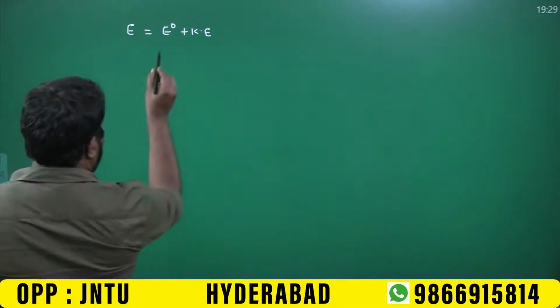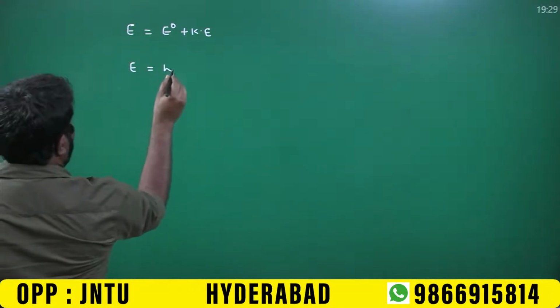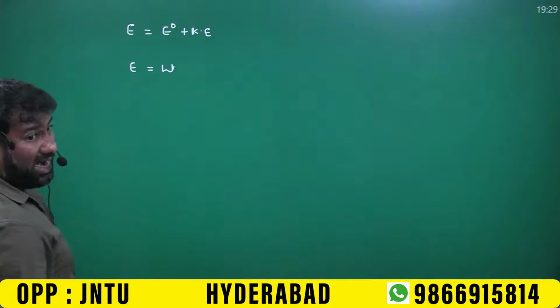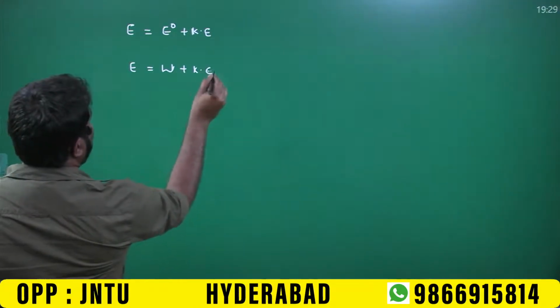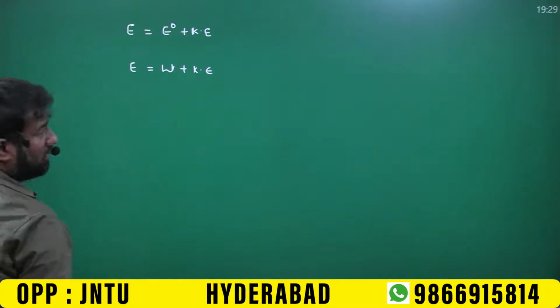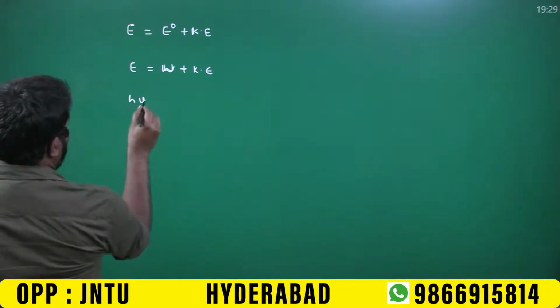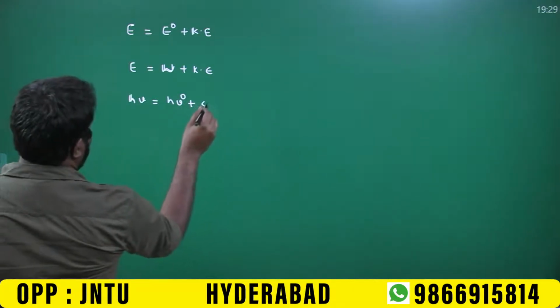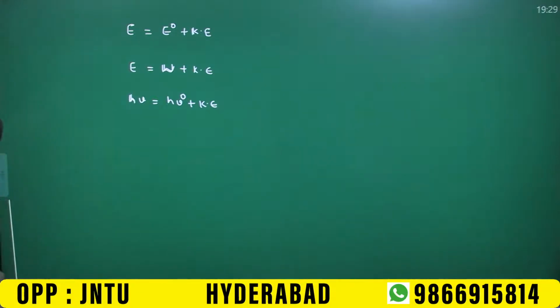This E naught is also called the work function, meaning the energy needed to get the photoelectric effect. Work function plus kinetic energy. So otherwise we write E equals h nu naught plus kinetic energy.